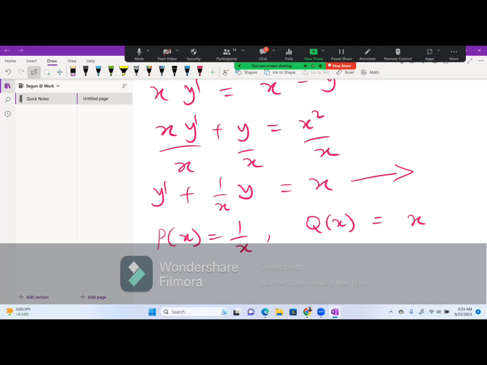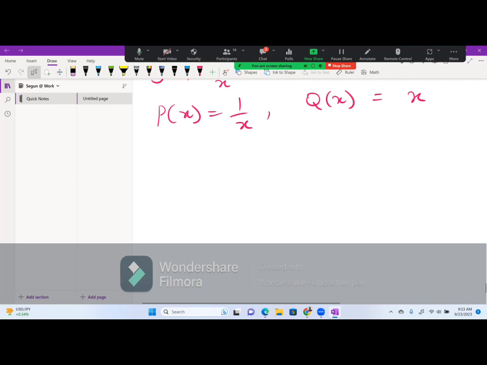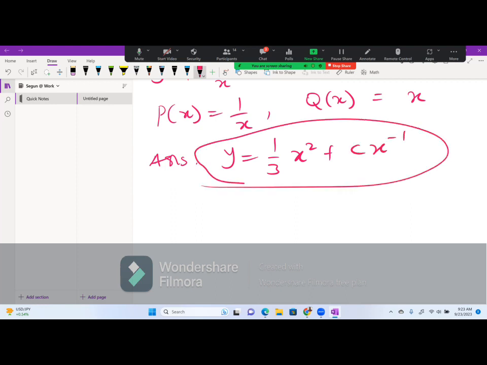If you solve it very well, you should have your final answer to be y equals (1 over (3 x squared plus c)) to the power minus 1. Don't maneuver your way. Make sure you solve it.